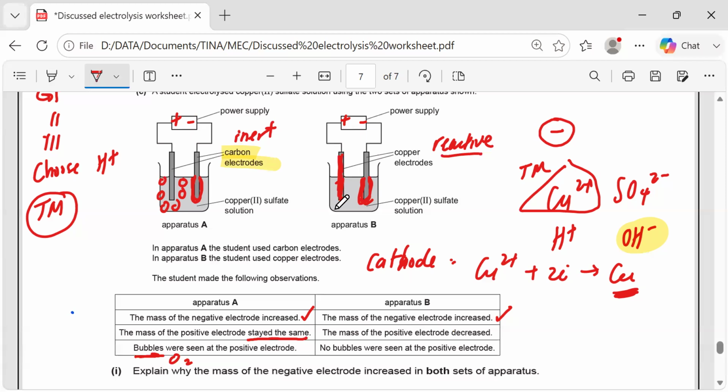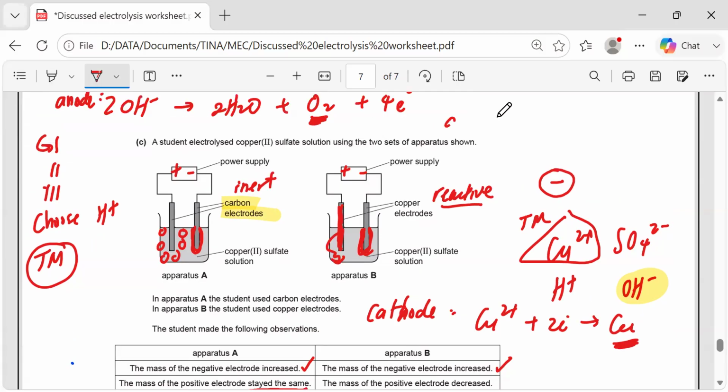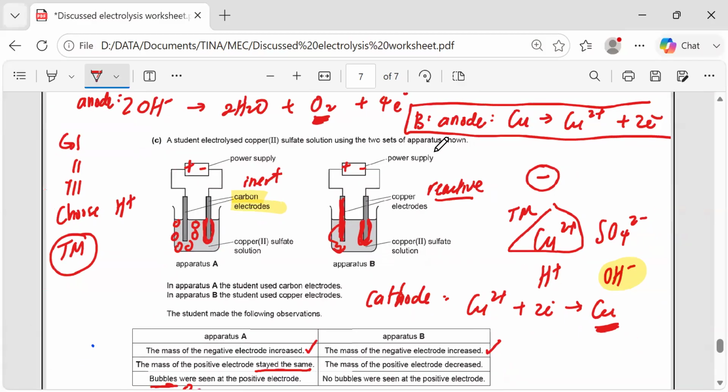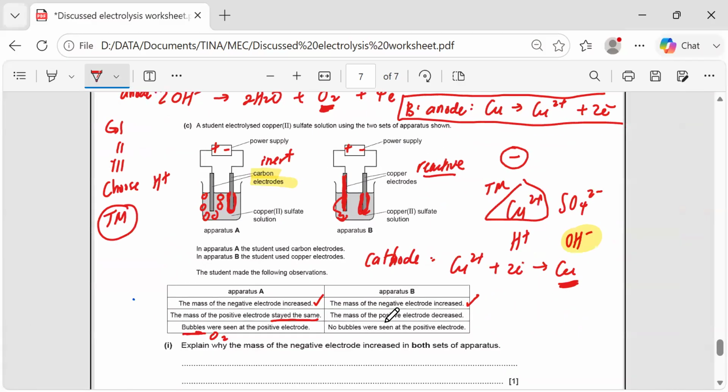Copper will dissolve to form copper ions. So at the anode, copper dissolves to form copper ions for apparatus B. This one. So because of this equation, the mass of the positive electrode decreases. Get it? And no bubbles. Okay.